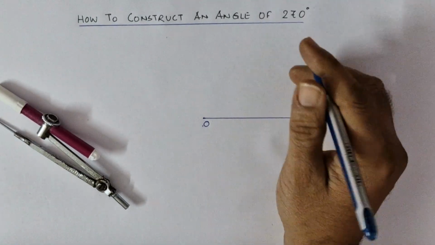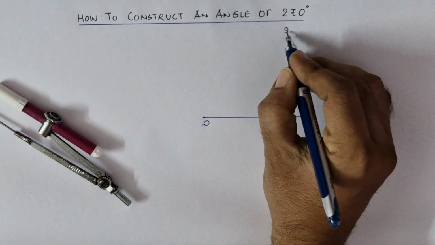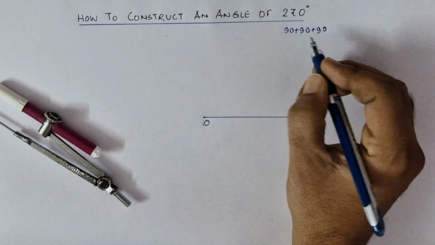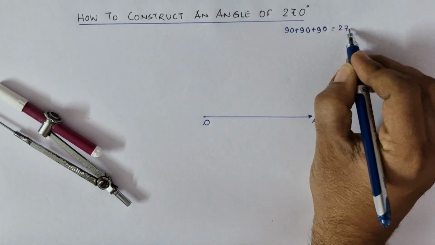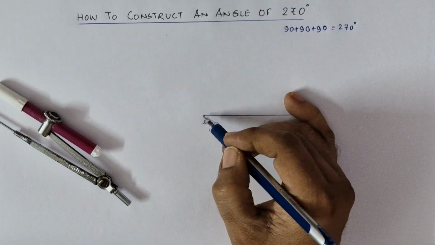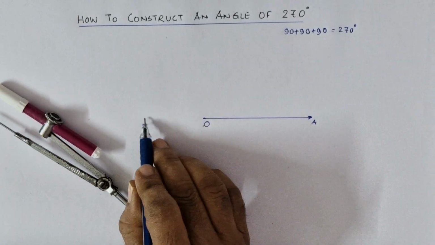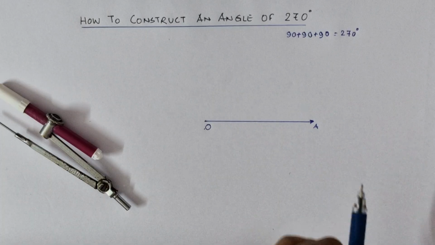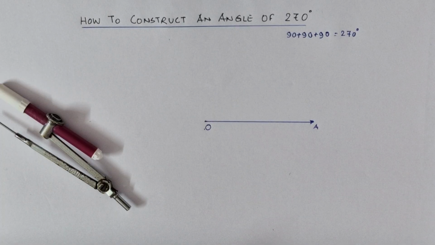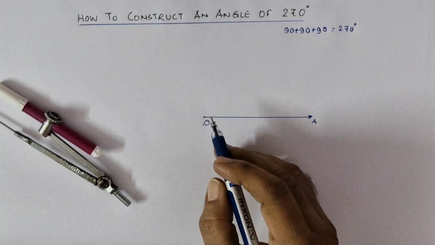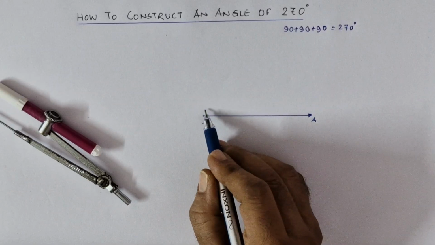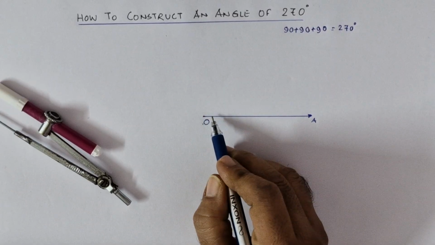So 90 plus 90 plus 90 is equal to 270 degree. So if you drop a 90 here, then a 90 here, then a 90 here, you will get 270 degree. So at the end of the concept, what stands out? If I drop a 90 here, that will do, because the entire angle will be 270 degree.